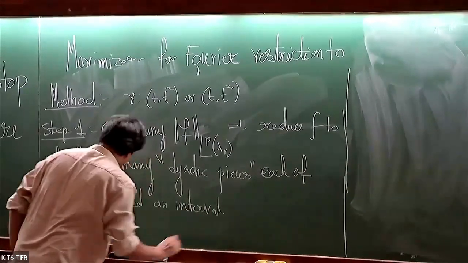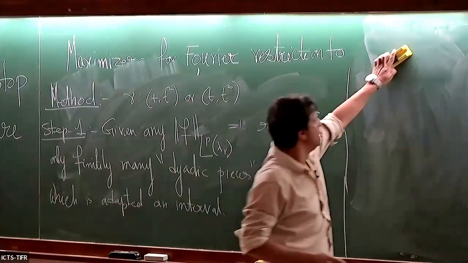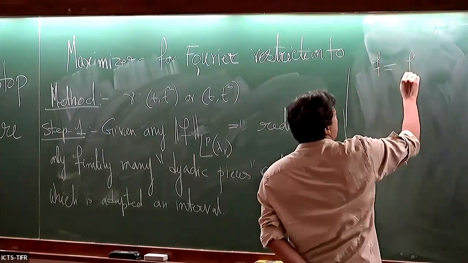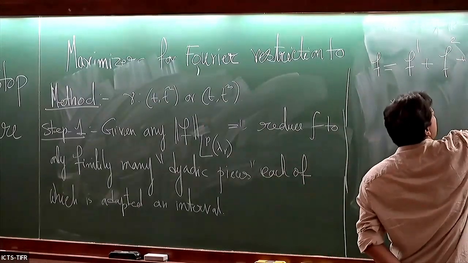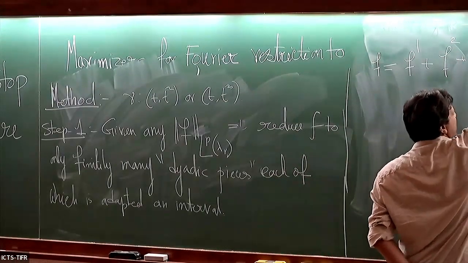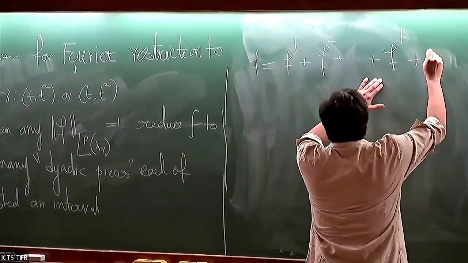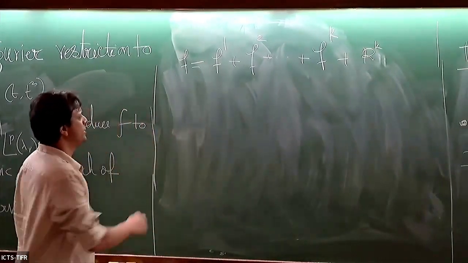Meaning, given any f, I can write it as the sum of finitely many pieces. So I can write f as f1, f2, plus fk, let's say k large enough, and a remainder, let me call this a remainder rk, which has this property.